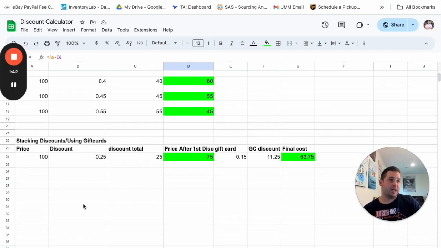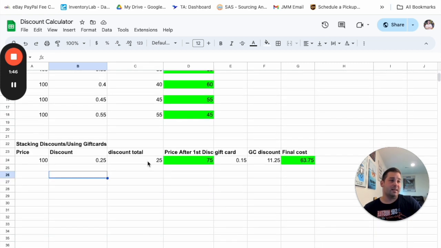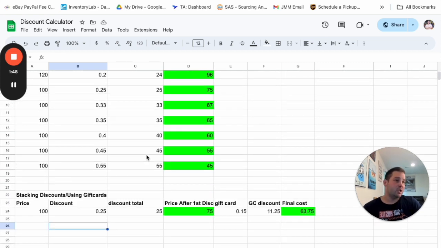This bottom part is probably the most valuable in this spreadsheet because a lot of the times you'll be able to stack discounts or you're using discounted gift cards. And if, let's just say, Nike was running a sale and it was 20% off, and then you could get a 10% off discount, the discount amount is not 30% off because you have to calculate it differently.